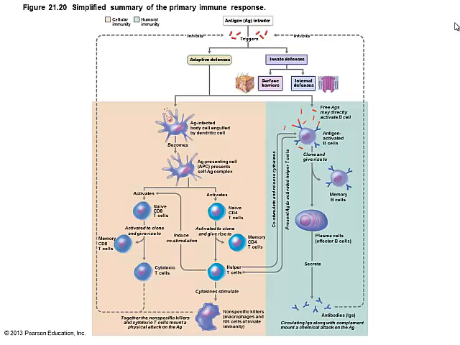So we can have a barrier like skin, or we can have cells, and we've just talked about some of them, that know that doesn't belong, I'm going to kill it. Yep. Complement, interferon, cytotoxic cells can be that as well. Phagocytic cells can be that as well. But if they make it by those guys, that adaptive line comes into play.